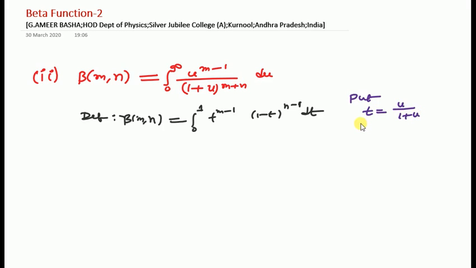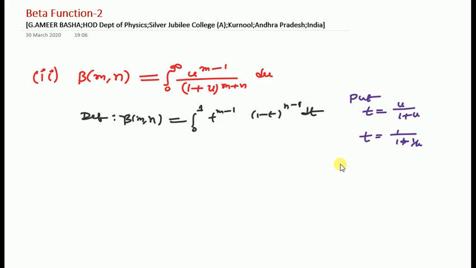First, the limits here. When t is 0, then what will u be? This can be written as t is equal to 1 by (1 plus 1 by u), also correct. Now let us substitute u equal to infinity, so u tends to infinity.